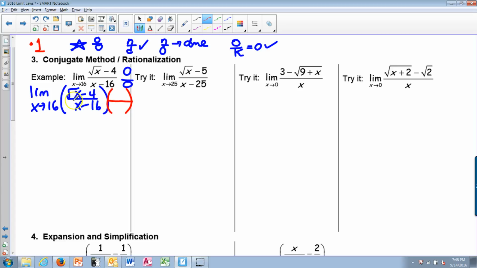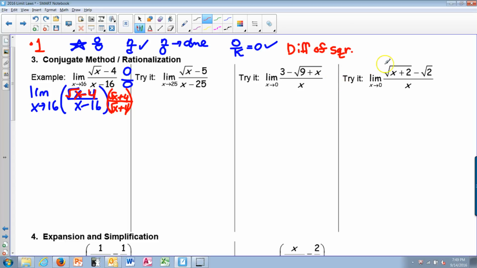So our conjugate, since we have an a minus b, we're going to do an a plus b. So I'm going to do the square root of x plus 4 on the top and bottom. Now an easy way to remember this is that really you're doing a difference of squares. Difference of squares and a conjugate pair are really the same thing.